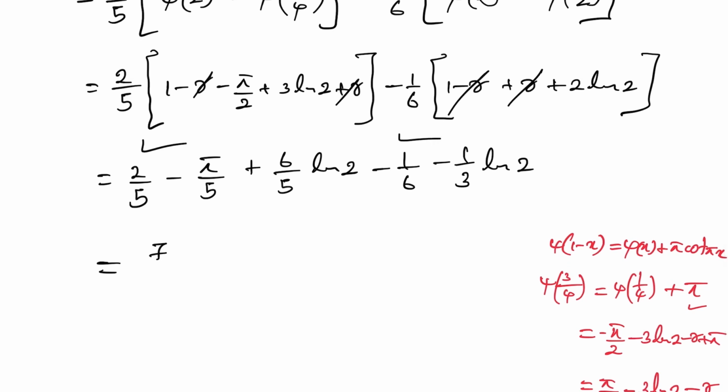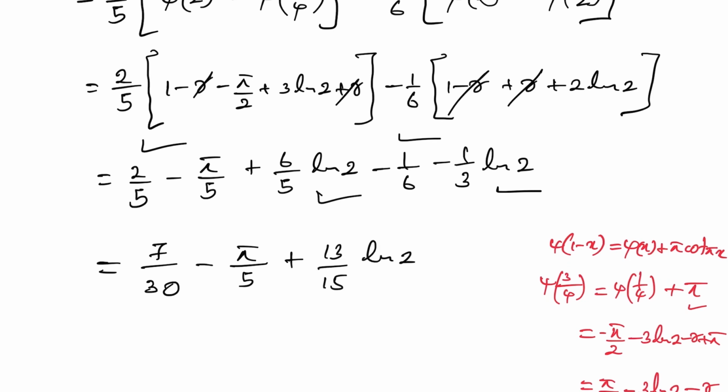So we have 7/30 minus pi/5 plus here 13/15 natural log of 2. Well, this is the answer for this interesting sum.